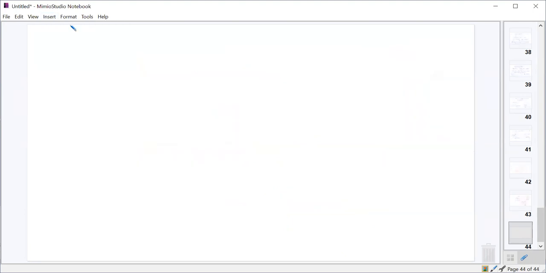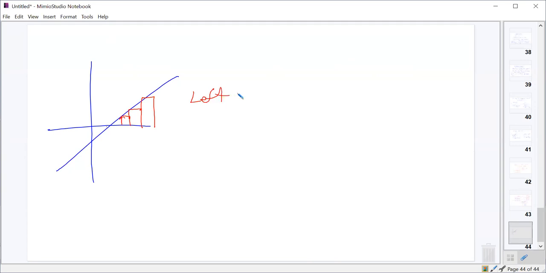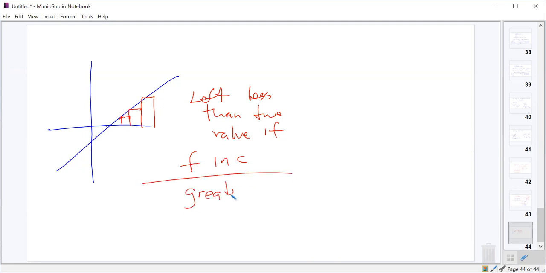We will note that if we have an increasing function, a left approximation, so we'll just start here. A left approximation is less than the true value if f increases. It is greater than the true value if f is decreasing.